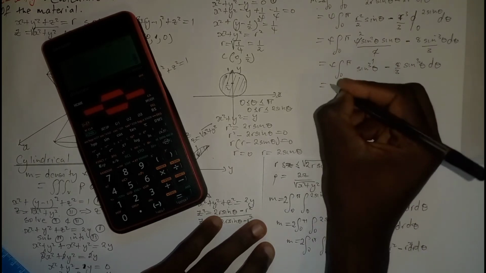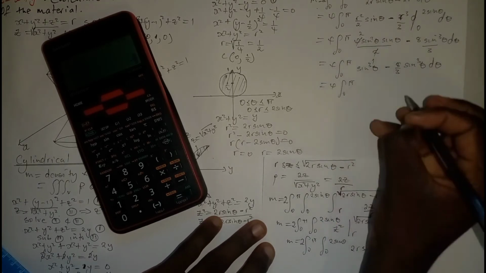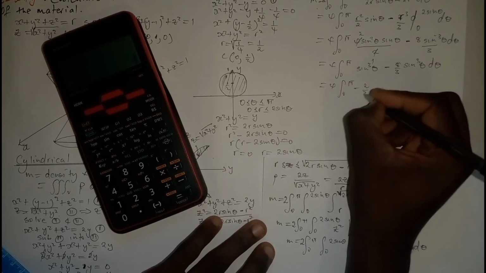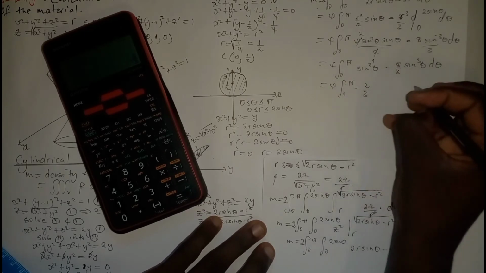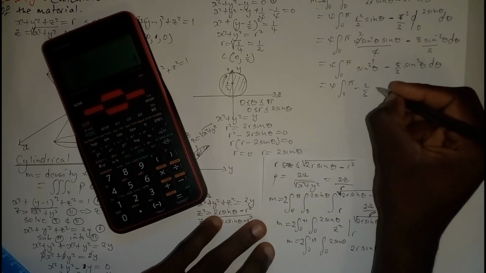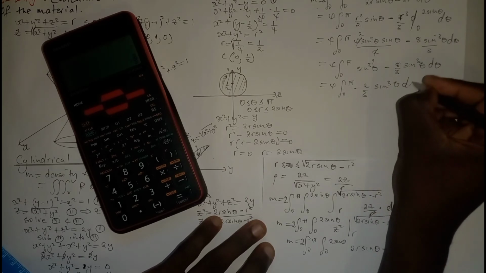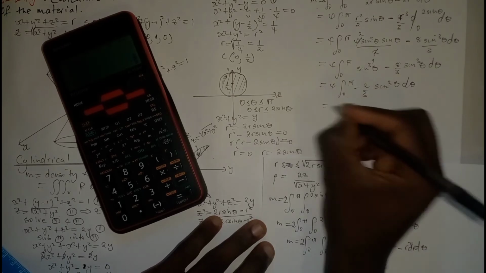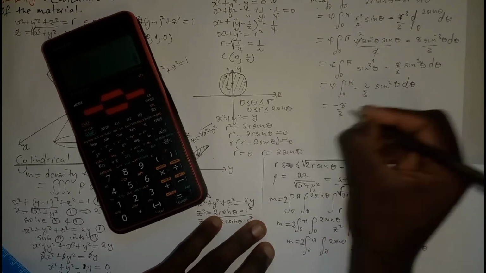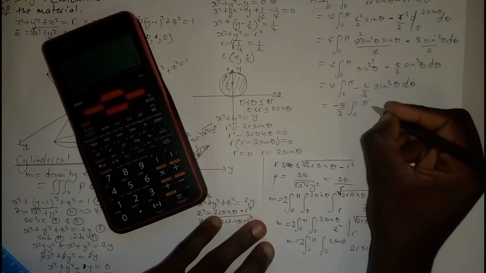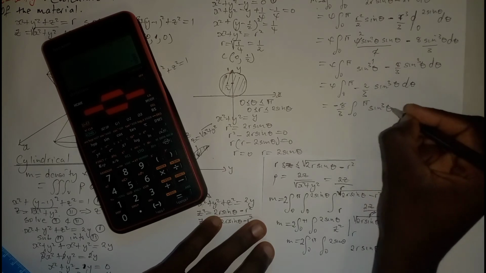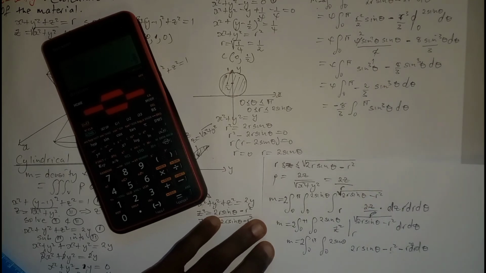Okay, and we simplify, we're going to get from 0 to pi, and we're going to have negative 2/3. And what we're going to have here, we're going to have 2/3 sine cubed theta d theta, and we're going to have negative 8/3. And now it's time we integrate sine cubed theta d theta.